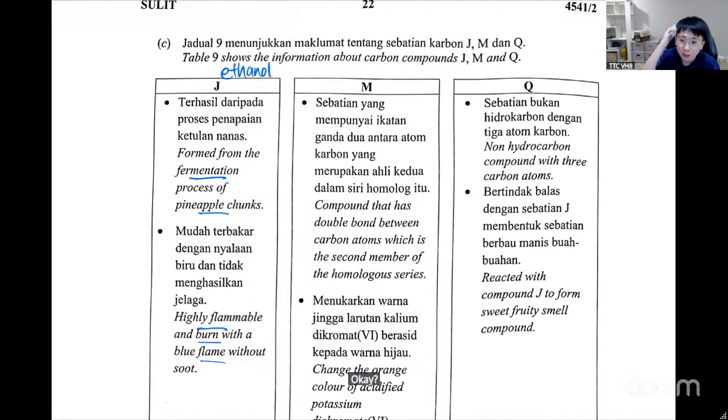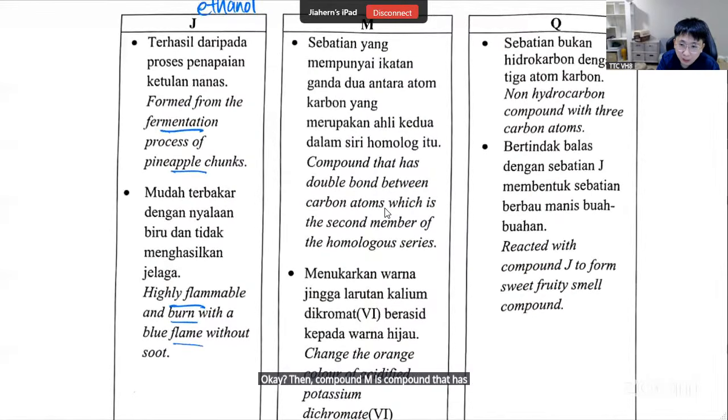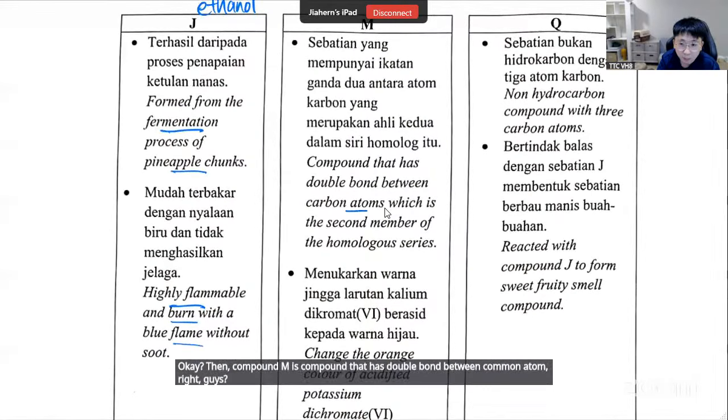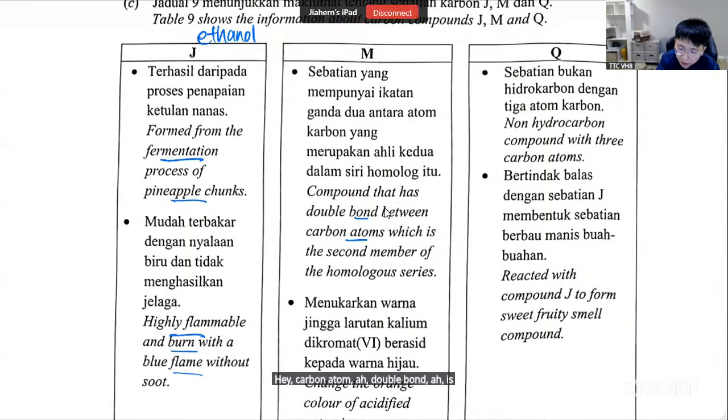Then compound M has a double bond between carbon atoms. Carbon atom double bond is alkene. But which alkene is this? It's the second member of the homologous series. Who is the first member in alkene?